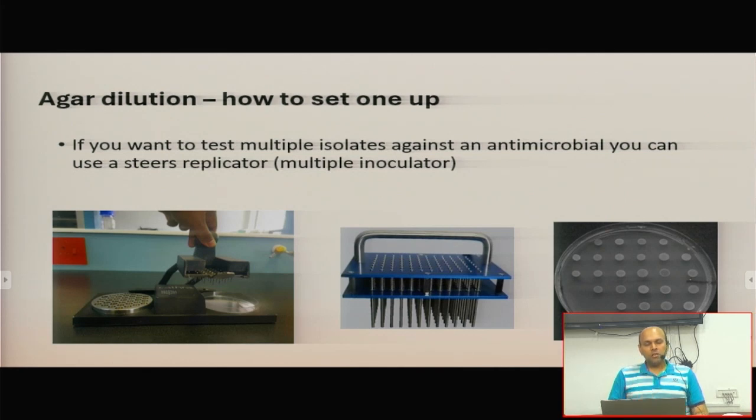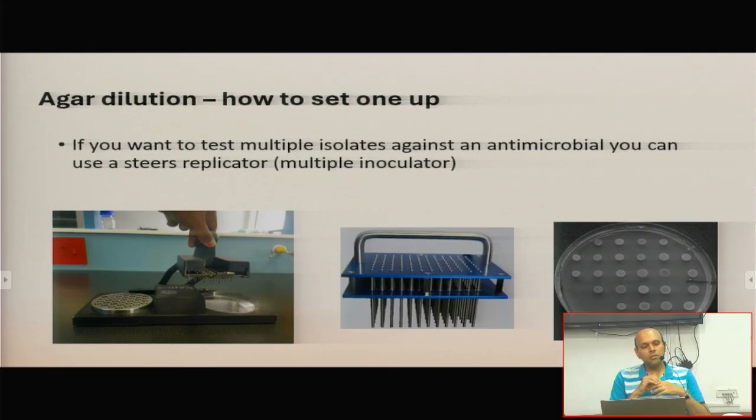Then for minimum inhibitory concentration, you can use the broth dilution method. You can have the tube macro dilution method, and the microtiter microdilution method as well. And then you have the agar dilution method.